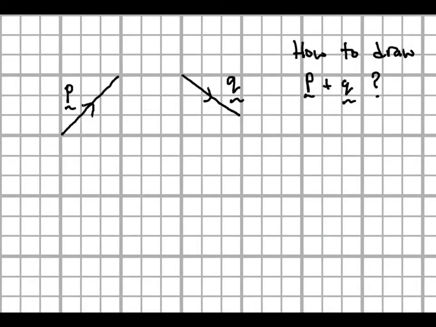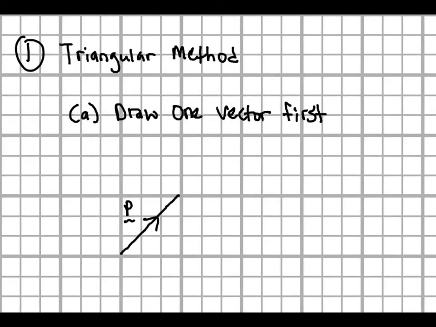Let us now return to our familiar x and y axis. Now I have two vectors P and Q. How do I draw the addition of P and Q? One method is called the triangular method. First, I draw one vector of your own choice. For me, I choose to draw P first.